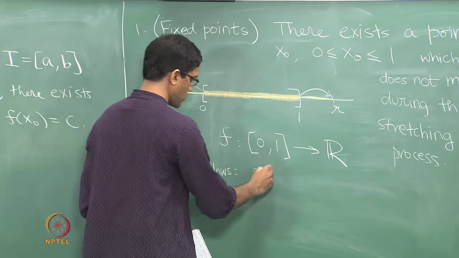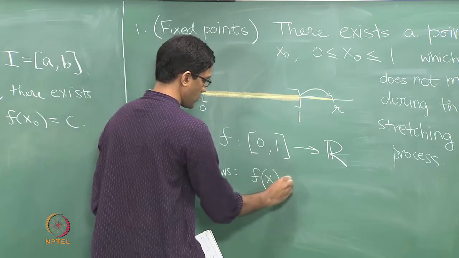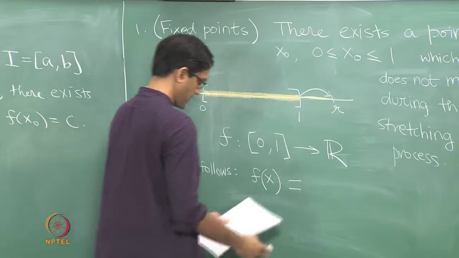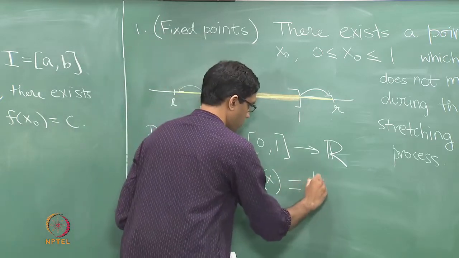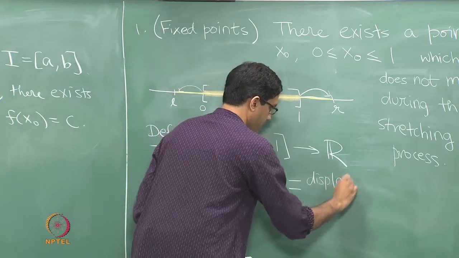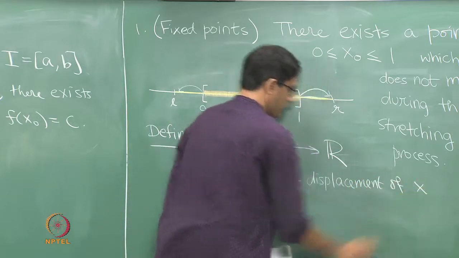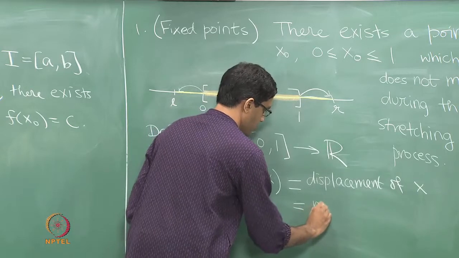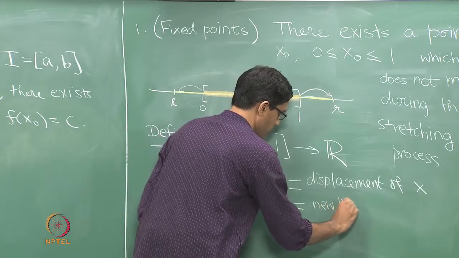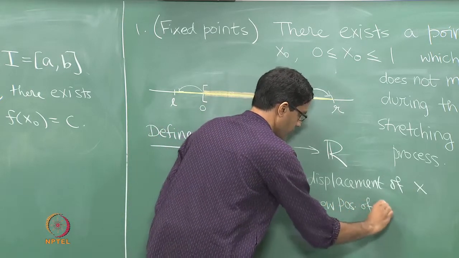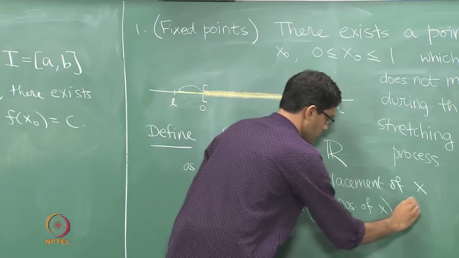For each point x on the rubber band, let f of x denote the displacement of x. So what is displacement? The displacement of the point x, which by definition means the new position of x minus the old position.